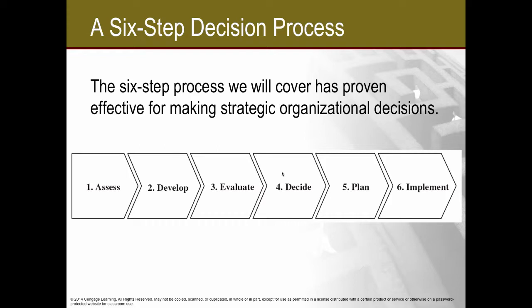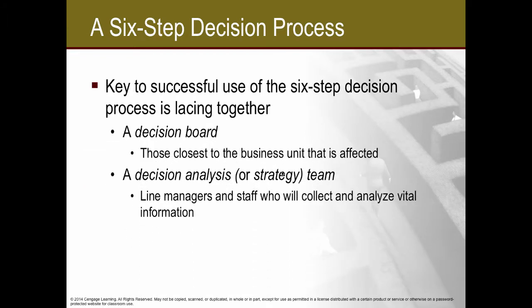The key to successful use of these 6 steps is kind of lacing them together. So basically, a decision board and a decision analysis team. There are 2 groups that are usually involved. There is a decision board, those who are making the final decision, but to make the decision they need some decision analysis or a strategy team to help them.